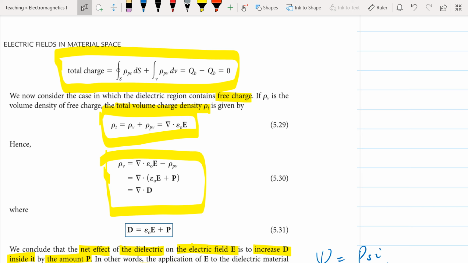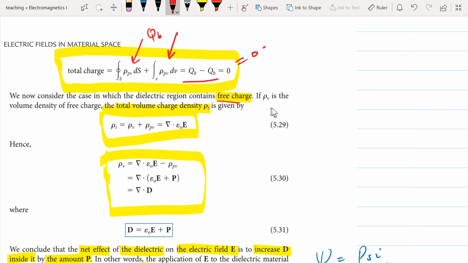That means that the total charge Q_b that we found on the surface, and the charge that we found inside the volume due to the bound volume charge density, if you add the two, the dielectric remains neutral, and therefore the charge is equal to zero. Now we consider the case in which the dielectric region contains some free charge.